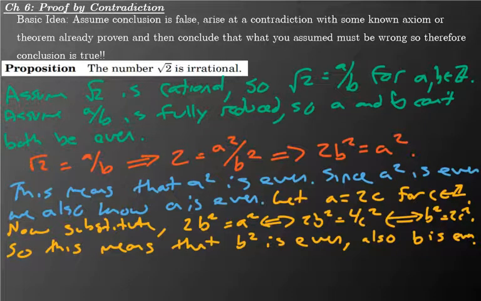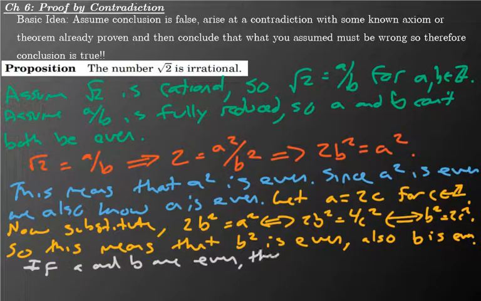And then this is the important contradiction part. If a and b are even, then root 2, which equals a over b, can be reduced.